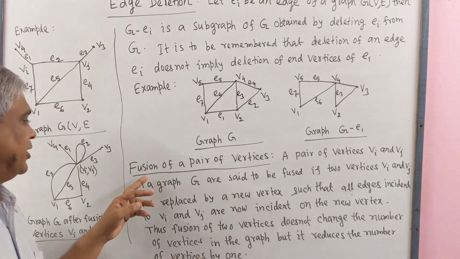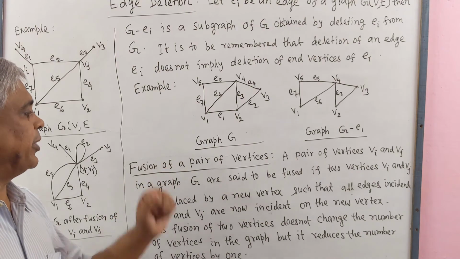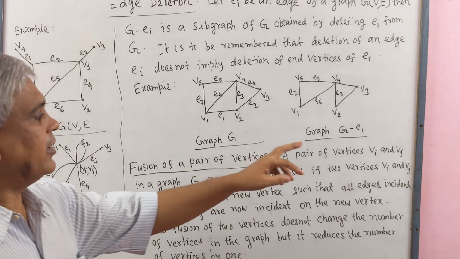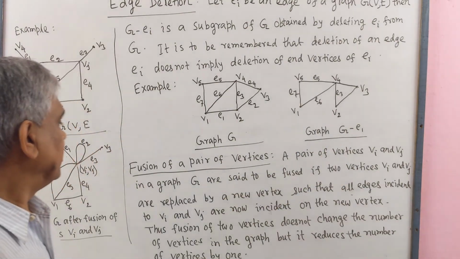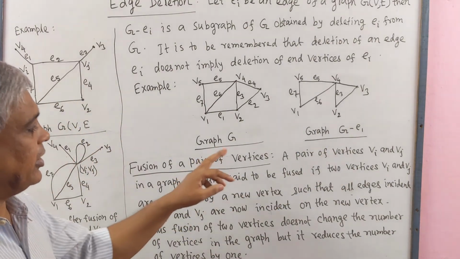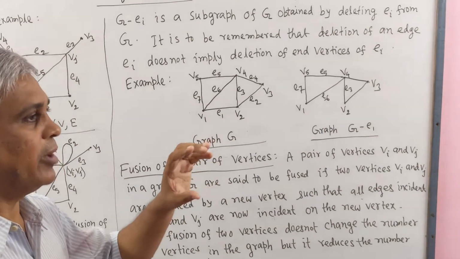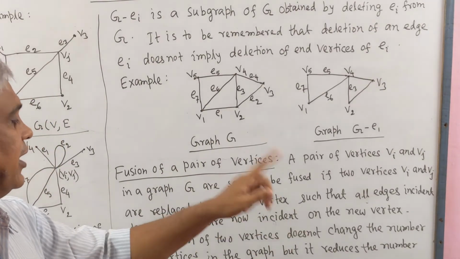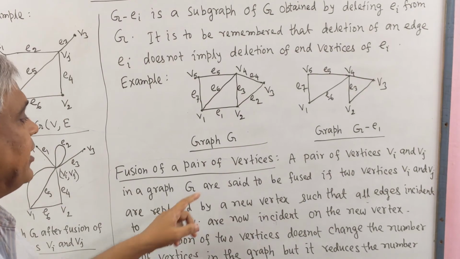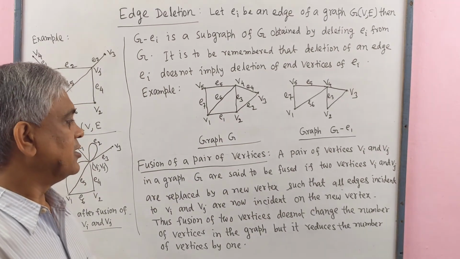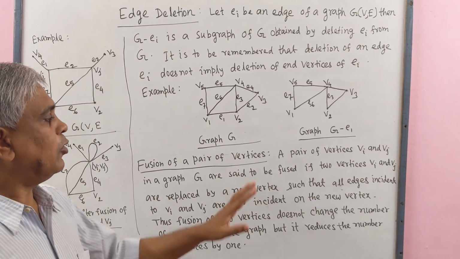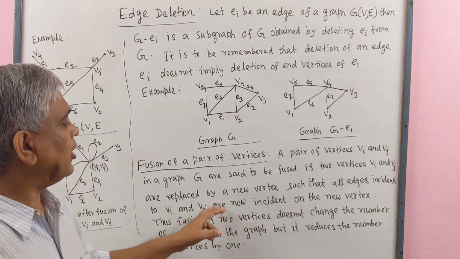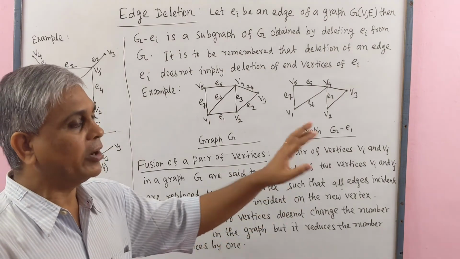Next we define fusion of a pair of vertices. A pair of vertices Vi and Vj in a graph G are said to be fused, means merged, if the two vertices Vi and Vj are replaced by a new vertex such that all edges incident to Vi and Vj are now incident on the new vertex.